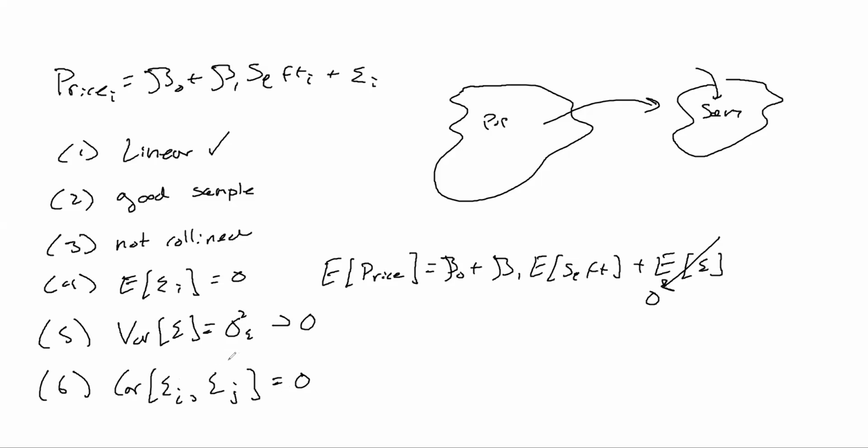These are the Gauss-Markov assumptions that are important for regression analysis. In the next videos, we'll go over each of these and see whether the model we're estimating violates any of them. If it does, it would not be a good model to predict home prices.